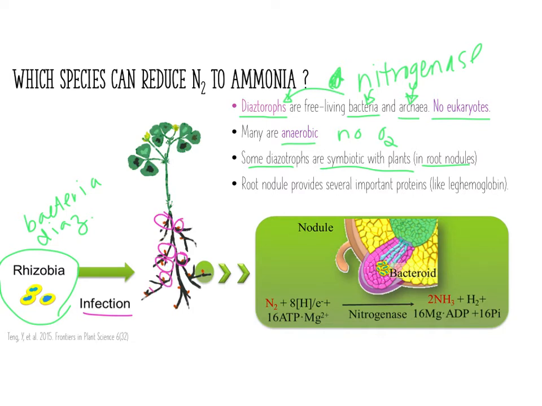Most of these bacteria that live inside of root nodules are infecting legume plants. Like, think beans. They infect the inside of the root nodules, and that is what is shown.